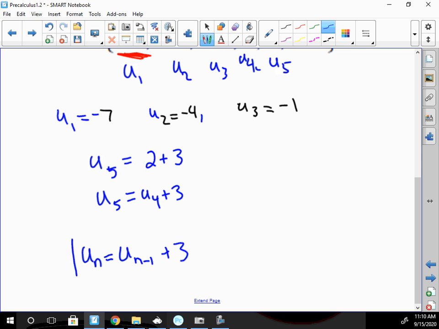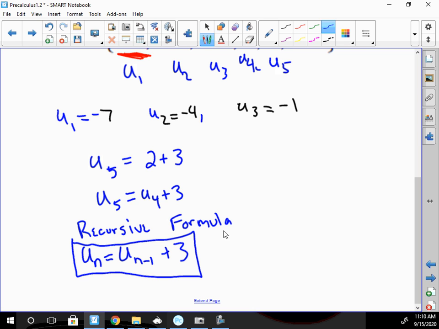So when I'm talking about defining a sequence recursively, this is what it means. In order to find the nth term, I take the one before it and add 3. This is the recursive formula for this particular sequence.